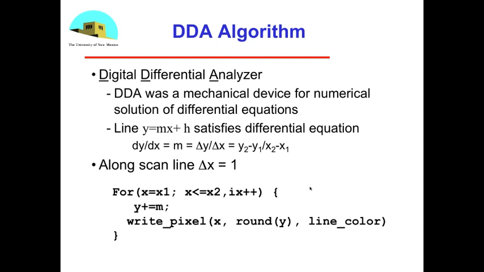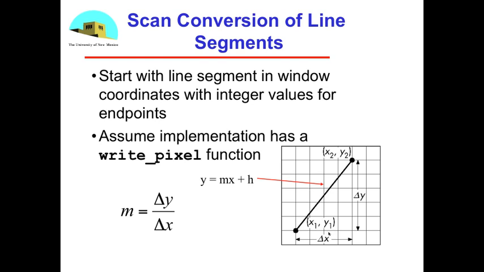Now suppose we're on a scan line, and I go along in the x direction, incrementing x by 1 each time. In terms of this picture in the frame buffer, I'm just going to go from the original x1 to x1 plus 1, x1 plus 2, until I get down to the final x.